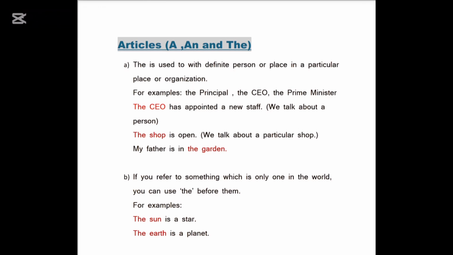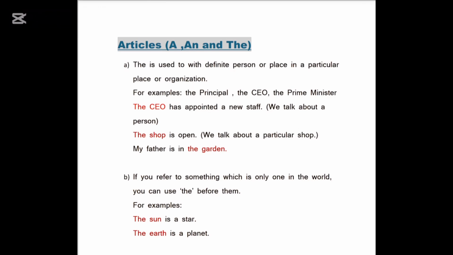A or an represents singular. I mean, it is used only with one. That means it is used with the singular countable noun, whereas the is used with definite things, places or objects. So I'm going to begin with the use of the.